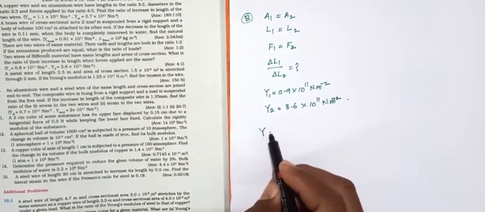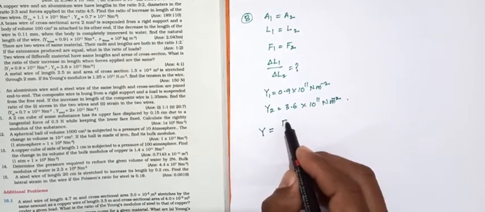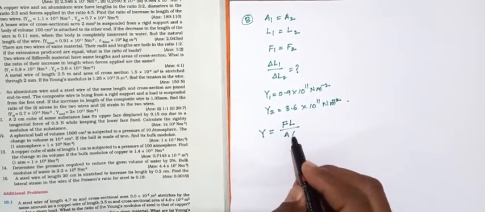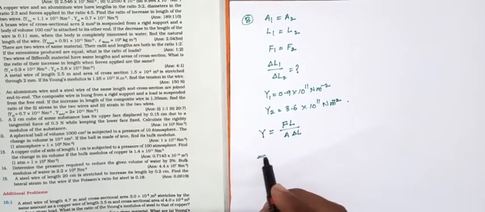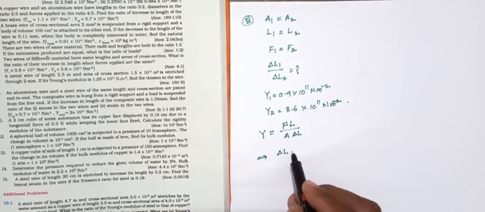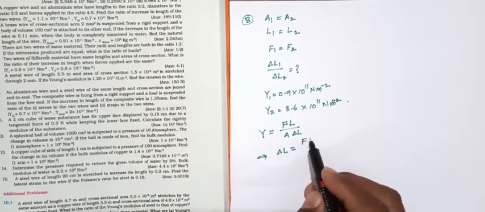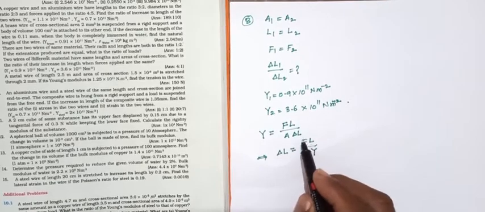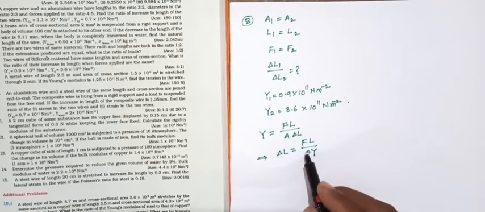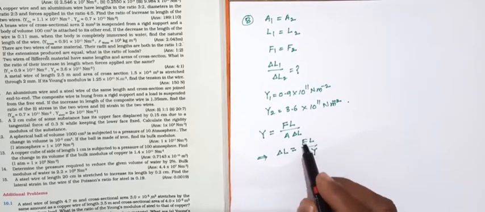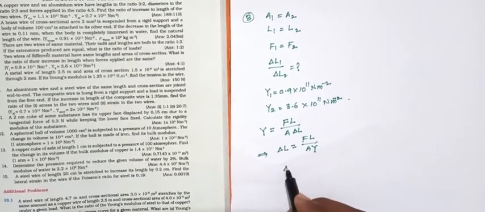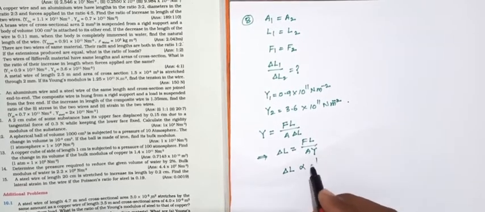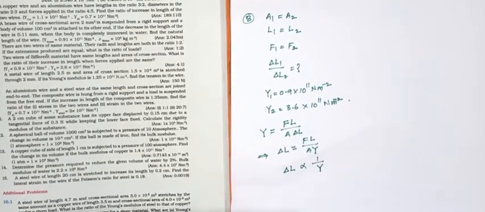What is Young's modulus? Y equals force F into L by A into delta L. So delta L equals FL by AY. Here force, length and area are equal, so constant. So delta L is inversely proportional to Young's modulus.